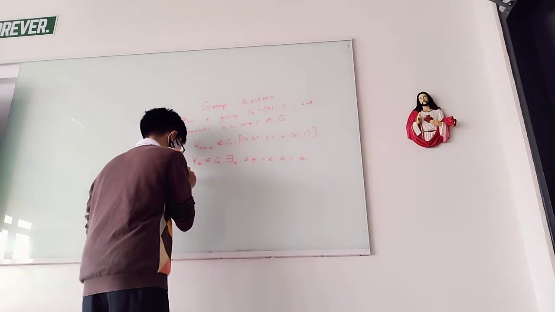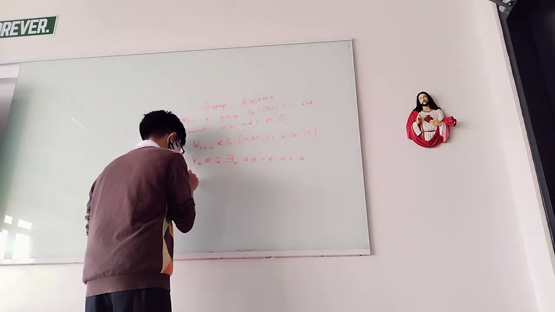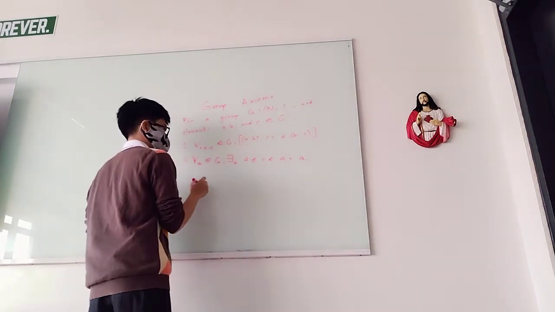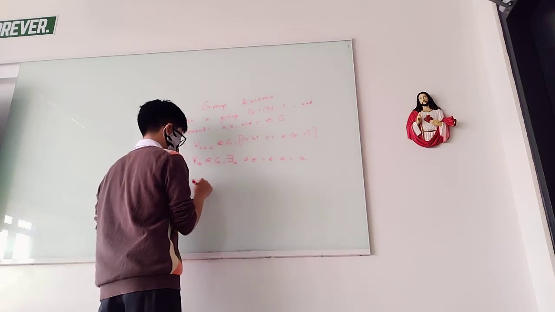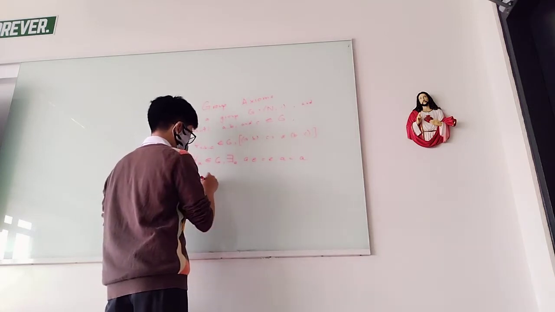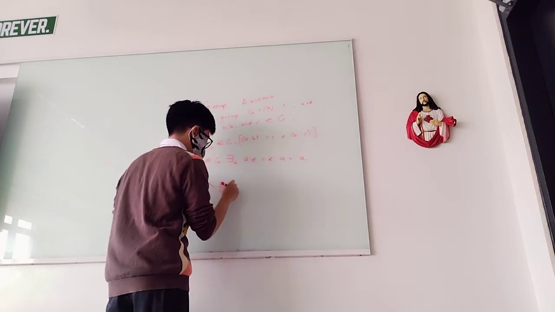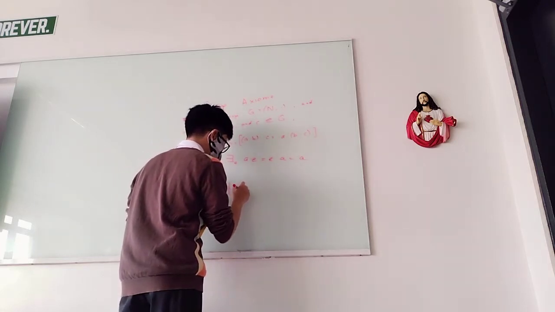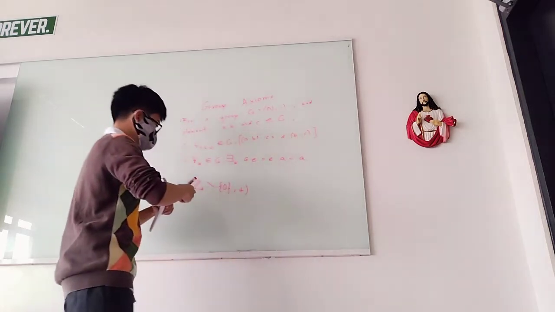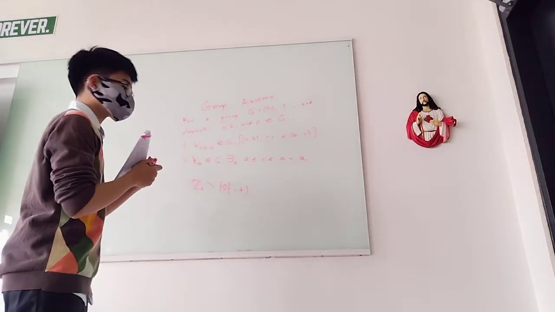So let's try to make a structure which is, say, the integers without the number 0, equipped with the addition operation. Does this form a group or not?